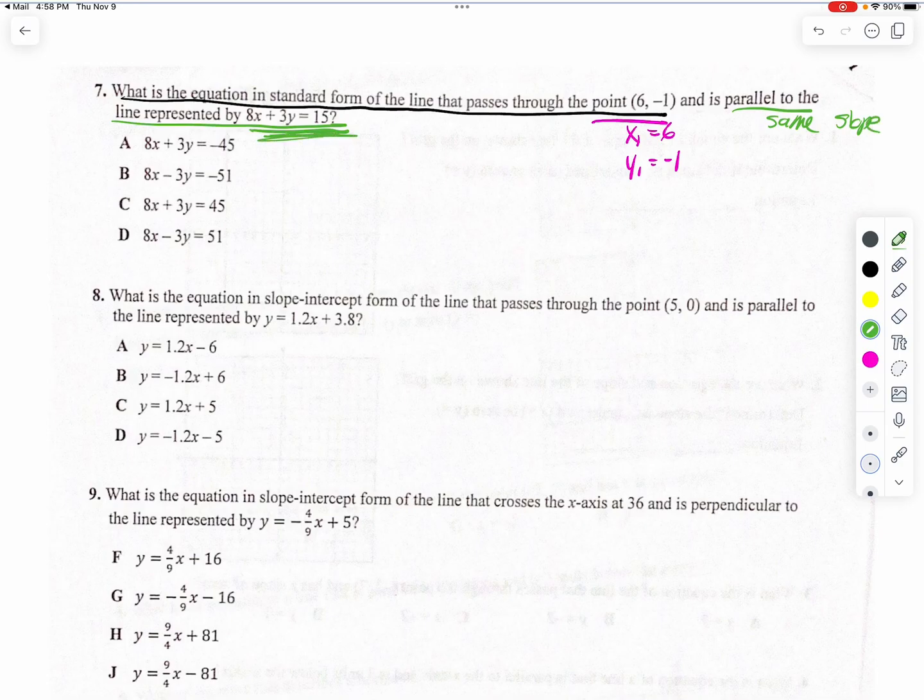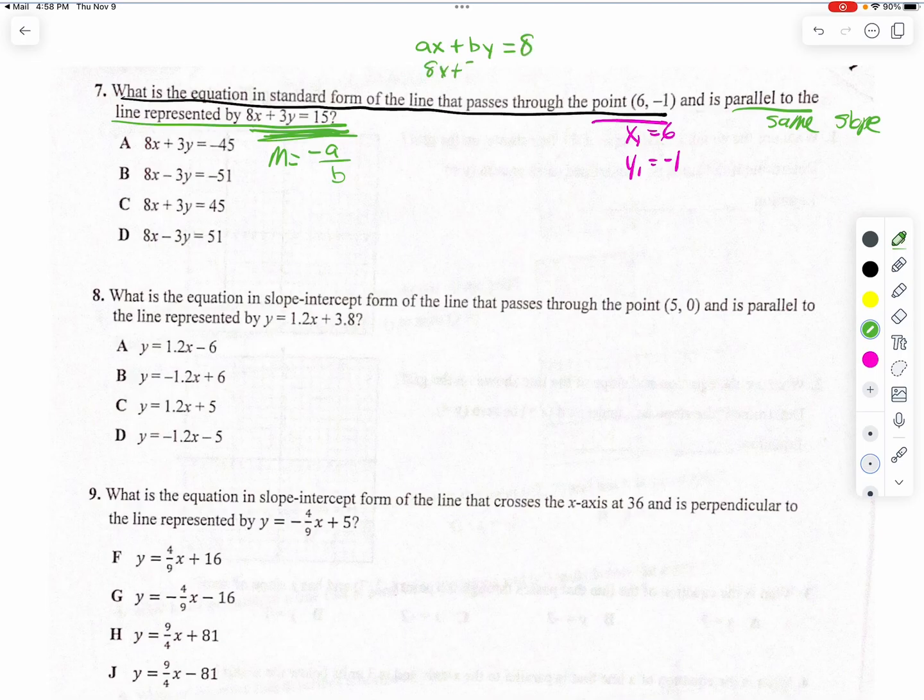But we just have to figure out what's the slope of it. And it's not too hard, if you remember that this is in standard form, 8x plus 3y equals 15. To find the slope, you take -a and divide it by b. Remember standard form is ax plus by equals c.